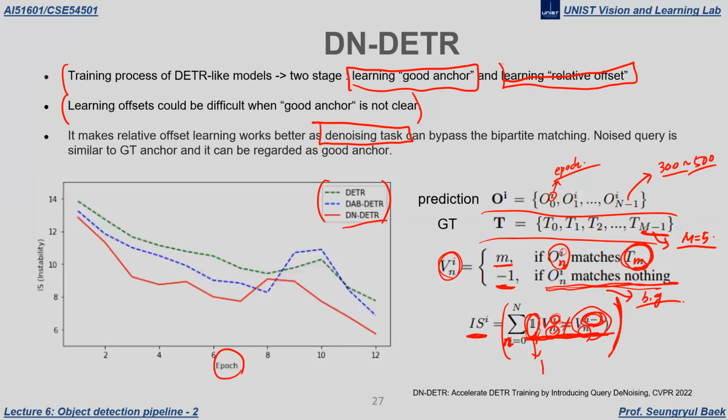So if this value is larger, it means the training is not stable.